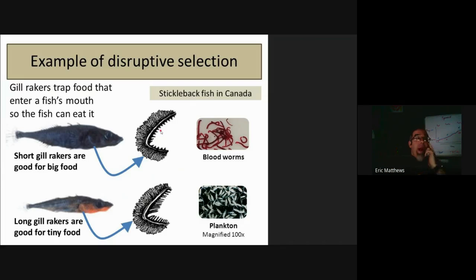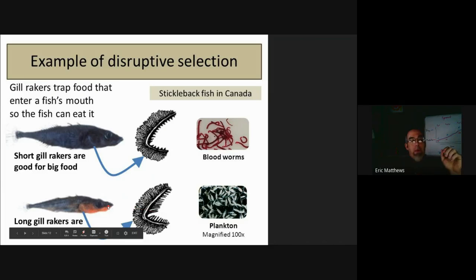Well, what ended up happening was their primary food source, which was like small water bugs, started to die off. Now, at the same point, you had the larger food sources, the bloodworms, and the smaller food sources, the plankton.